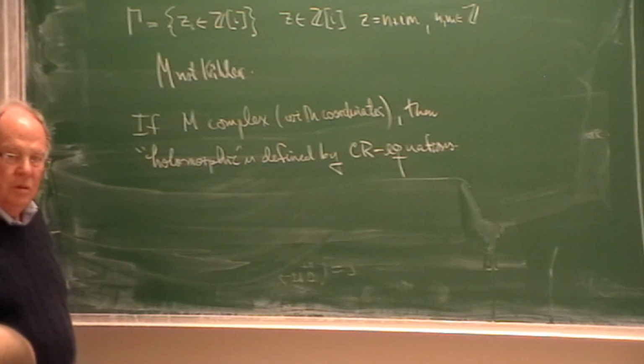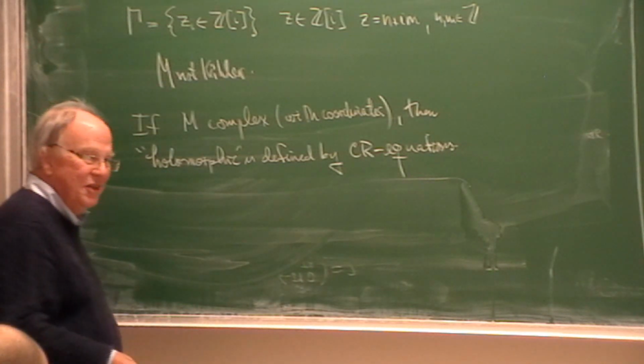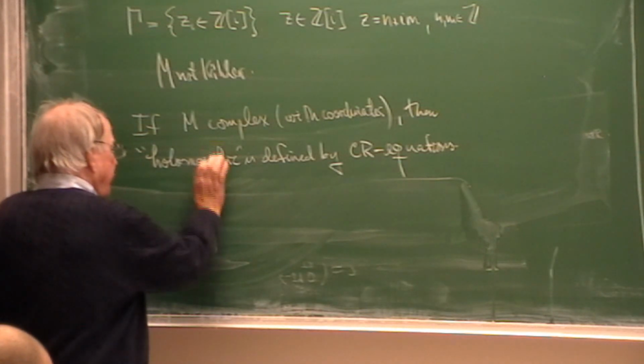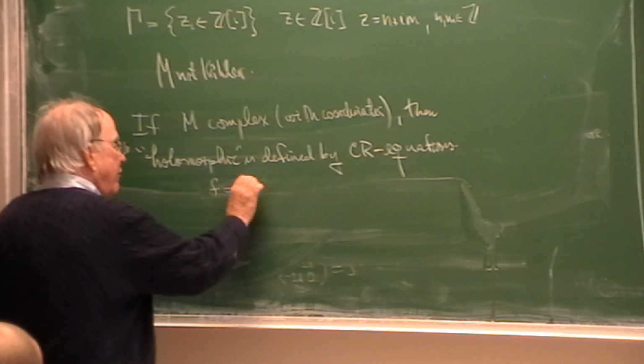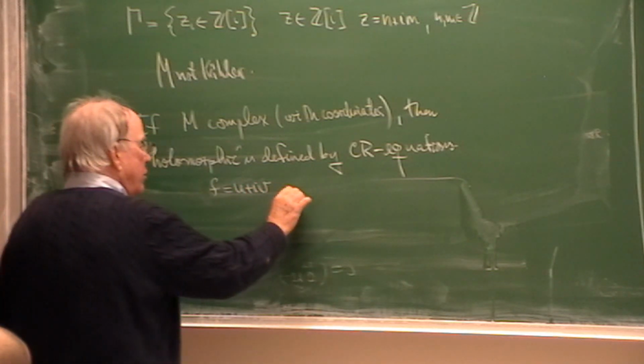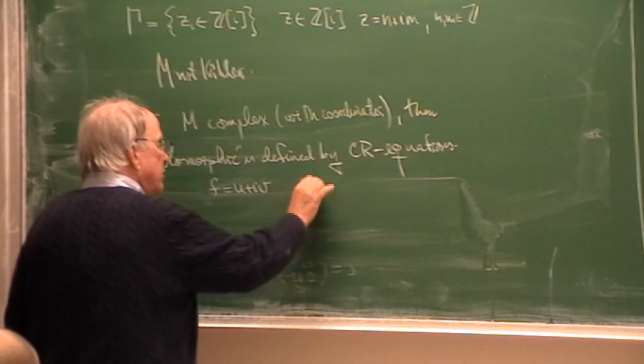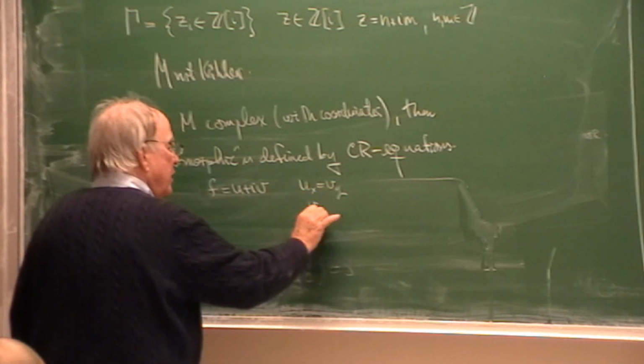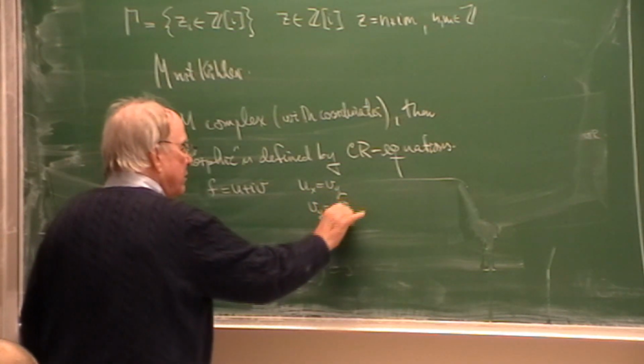Okay? You've heard about these Cauchy-Riemann equations. Let me write them over the reals. And so if f is equal to u plus iv, then the Cauchy-Riemann equation is something like u_x equals v_y and u_y equals minus v_x.